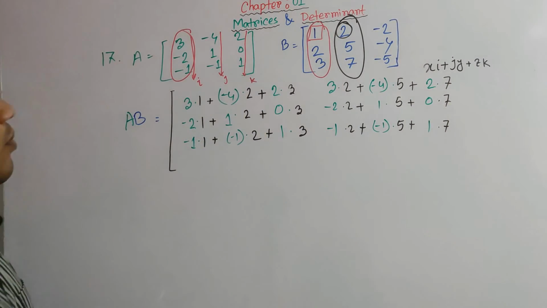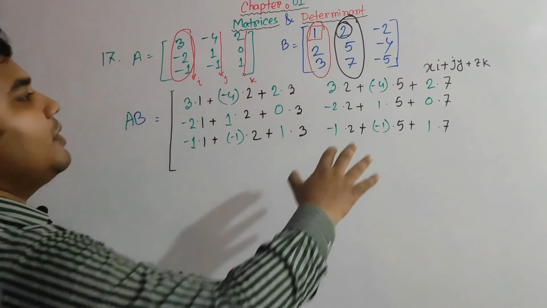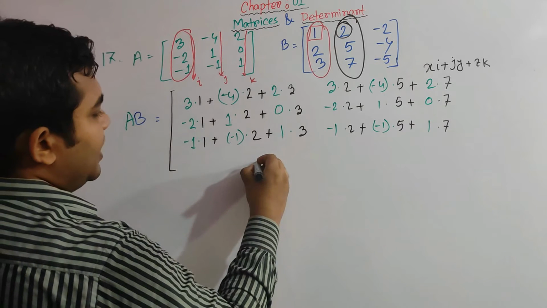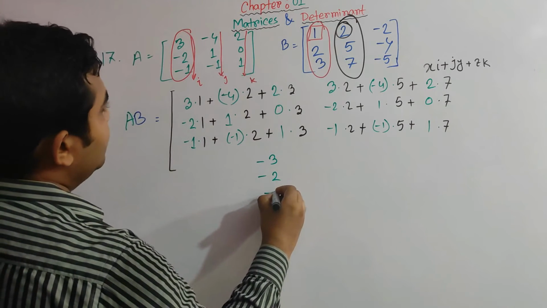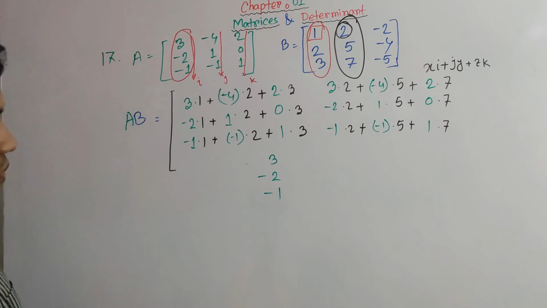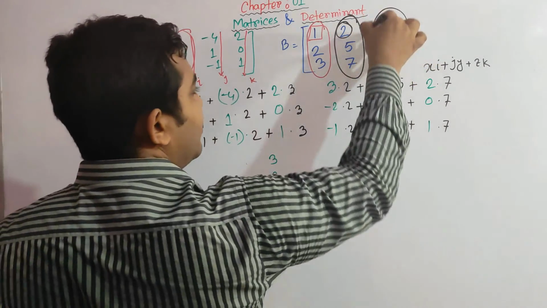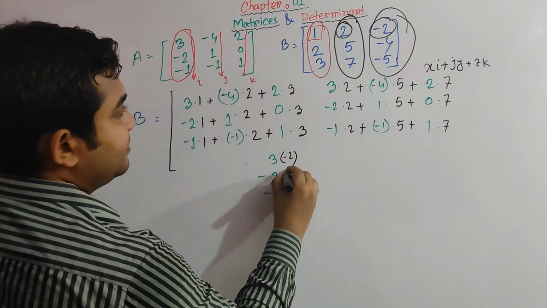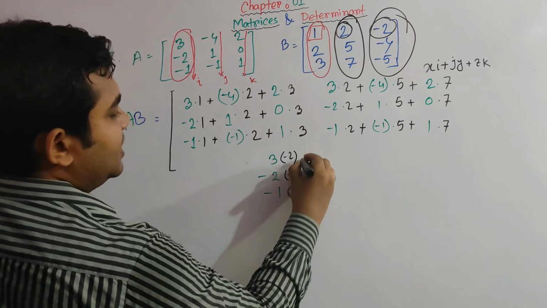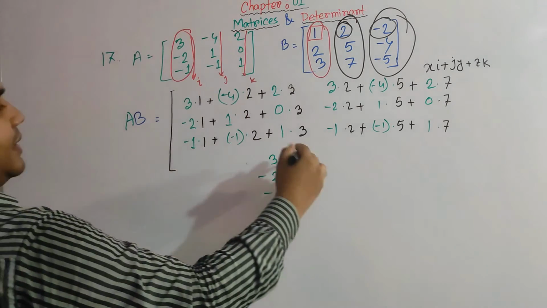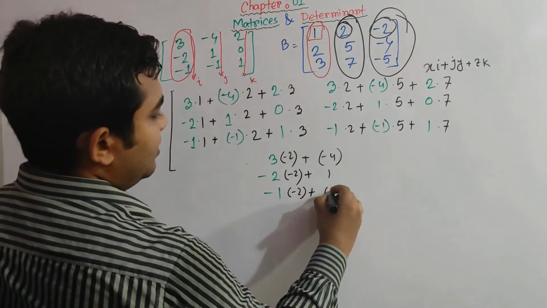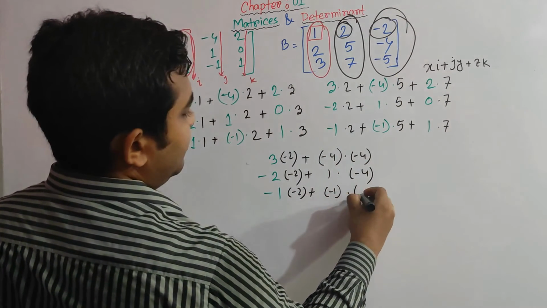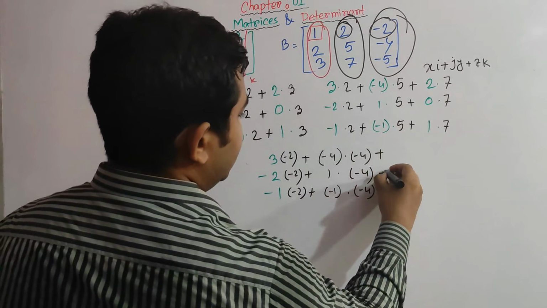Okay, now move on to the third and last part. Why? Because there is another column. Since another column is there, so again 3, minus 2, minus 1 should be multiplied with the first entry of this column. Take a plus, write it here, minus 4, 1, minus 1, multiply with minus 4, and take a plus.